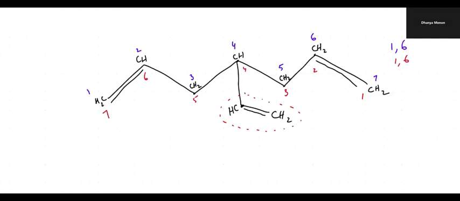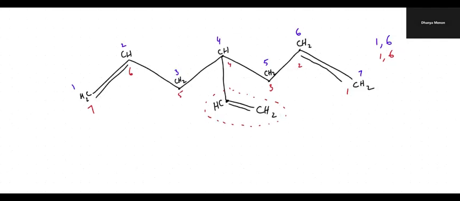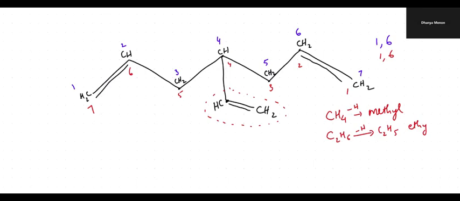Okay, so this group, what is this group called? Now, suppose if I have methane and you remove 1 hydrogen, it is called methyl, right? You have ethane and you remove 1 hydrogen, C2H5, you call it ethyl, right? Now this is not an ethane group, right?